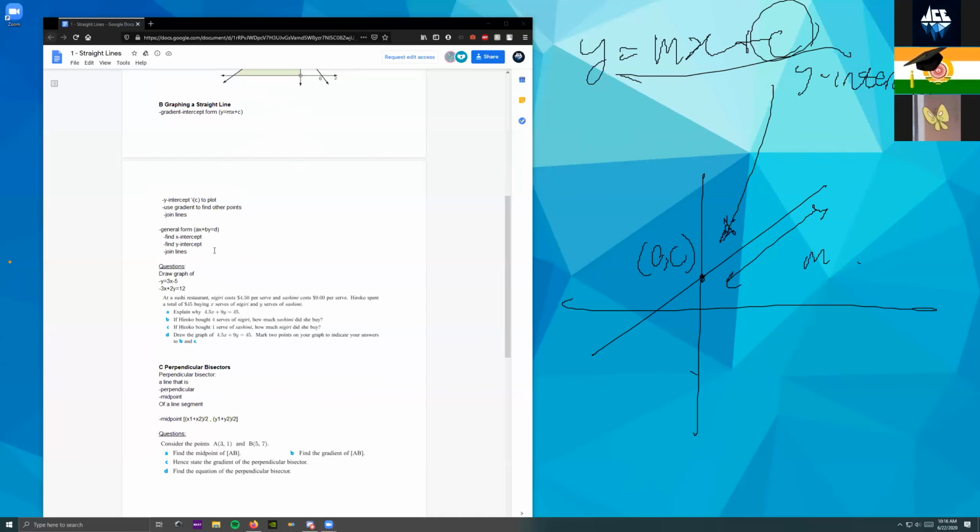For example, let's just say the slope is 2, so that means for every one coordinate that you move, it moves 2 times for the y coordinate.